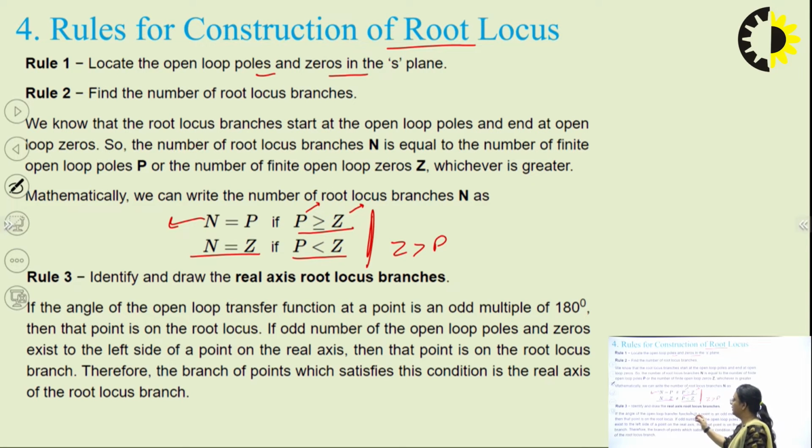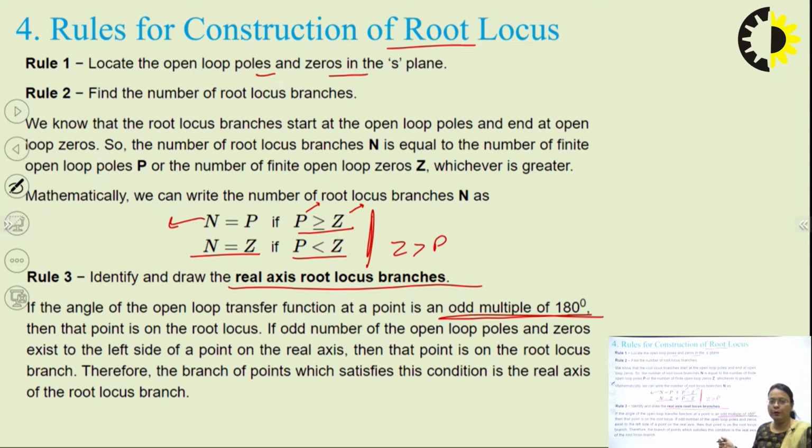Now the third point is we have to identify and draw the real axis root locus branches. If the angle of the open loop transfer function at a point is an odd multiple of 180 degrees, then the point is on the root locus. This odd multiple of 180 degrees means the angle condition is satisfied, and then the point is on the root locus.